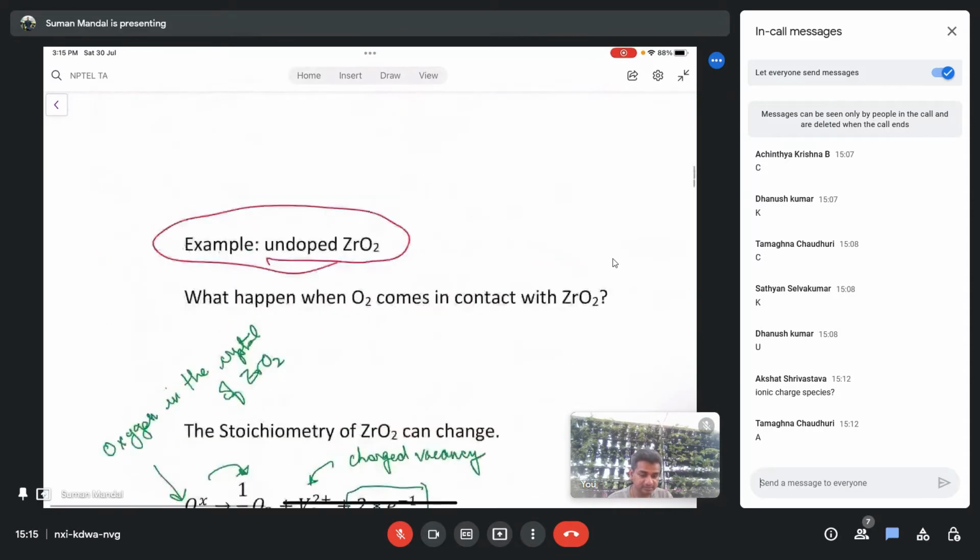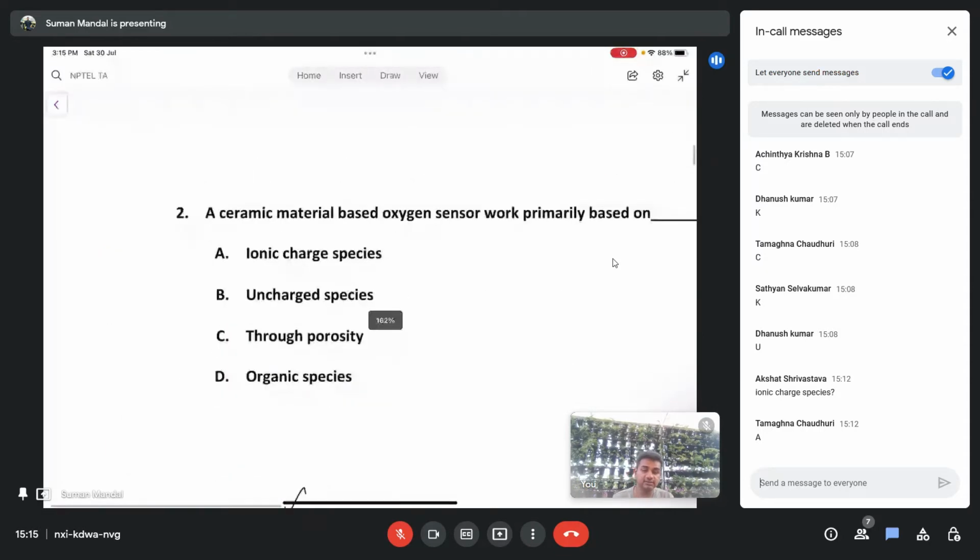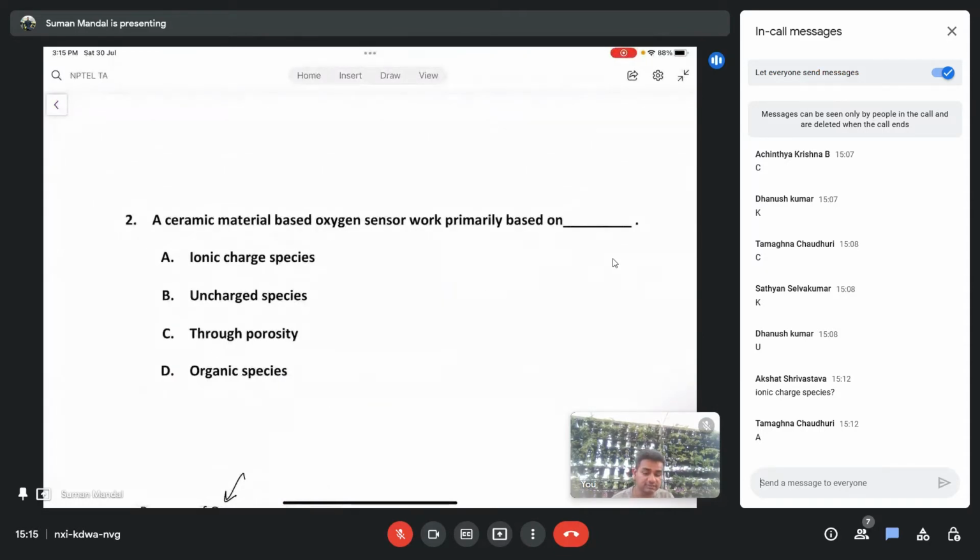By changing the concentration of these charged entities, you change the current, and that is why you need ionic charged species for your sensing material. The current is related with the amount of oxygen that the sensor comes in contact with.